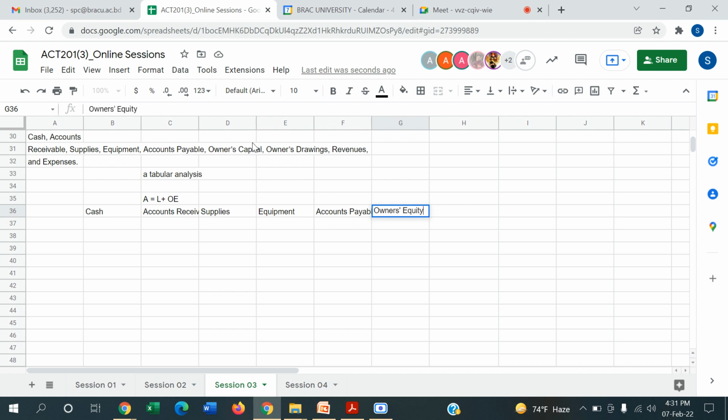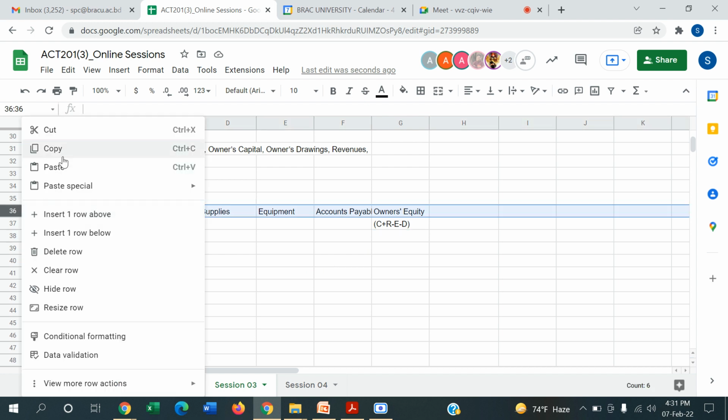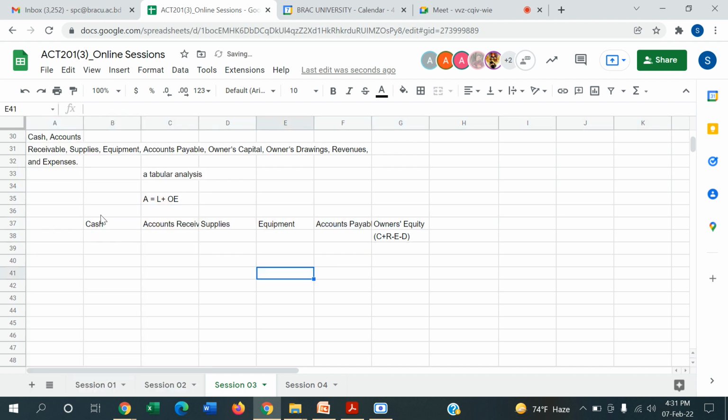Instead of separate owner's capital, drawings, revenue, and expense, we will write down owner's equity, because we know that capital, revenue, expense, and drawings are a part of the owner's equity. Do you agree with me? Yes, sir.